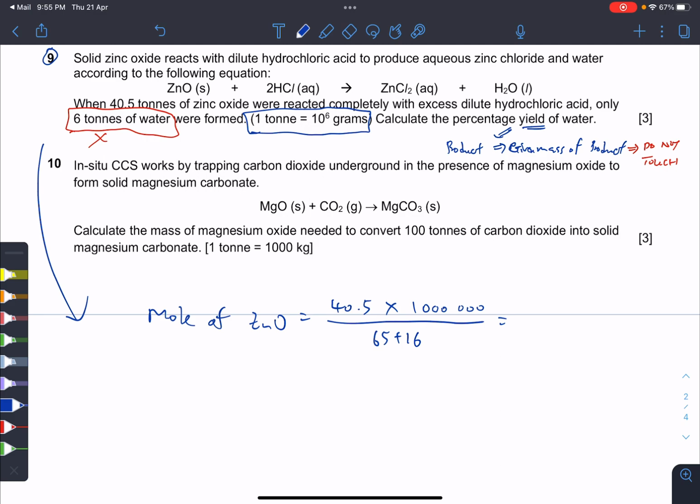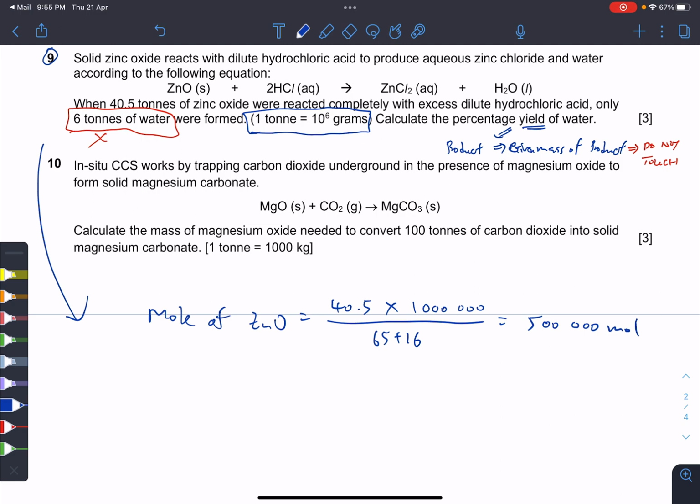So not crazy difficult, it's just, oh, you need to do this. Cool. Divided by 65 plus 16, I will have 500,000 mole. So first step, equation. Second step, change to mole. Third step, ratio. What ratio am I going to find?